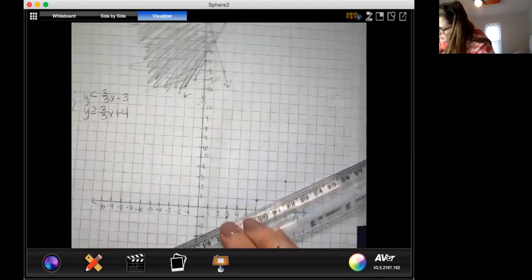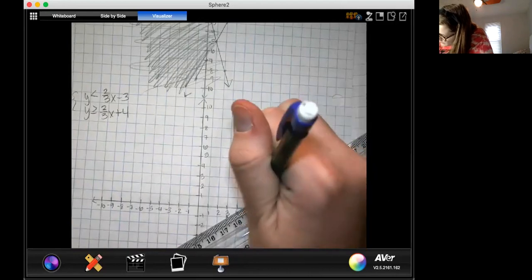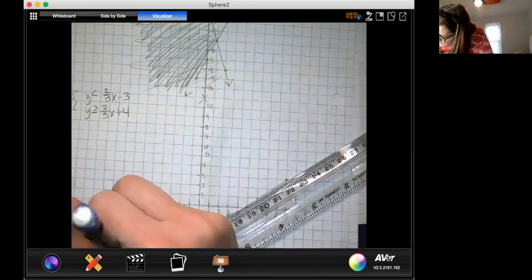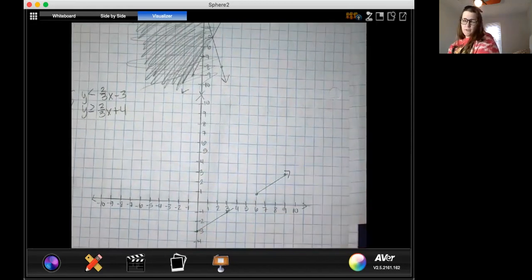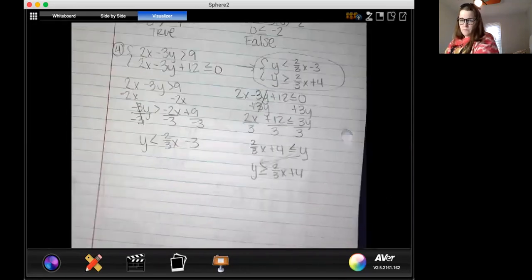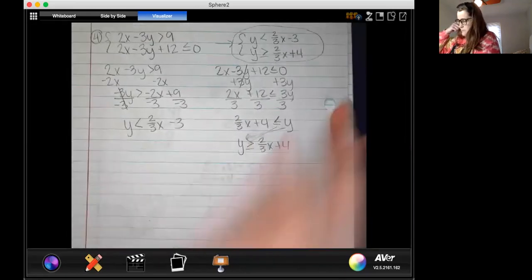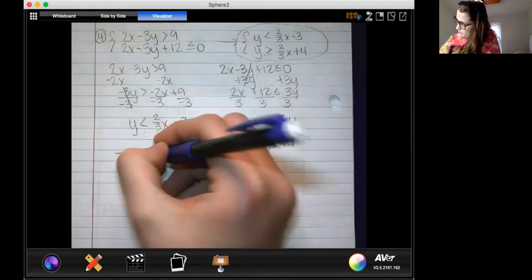Now this one should be dashed or dotted, doesn't matter how you refer to it. Clearly to the left or right of 0, 0. So my test point is 0, 0.